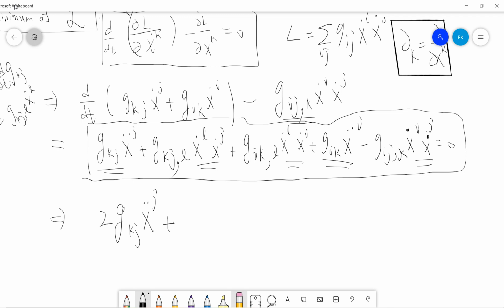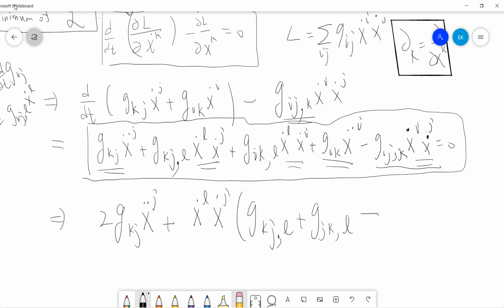Okay, so let's do it very carefully. Let's say this is x dot l x dot j g_kj,l plus l x i. But i is a dummy, so I can change i to j. I change it to j, minus this term, so I change ij to lj.